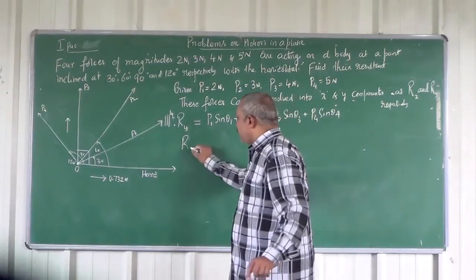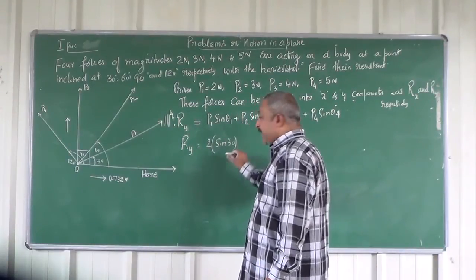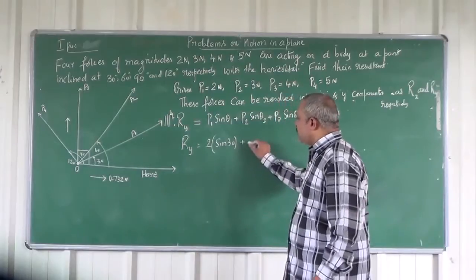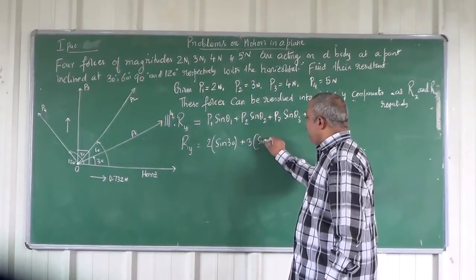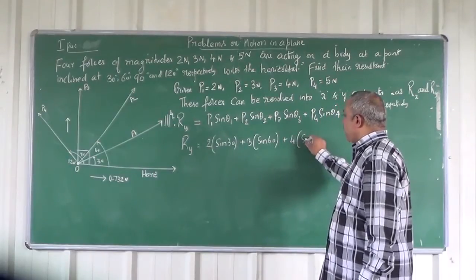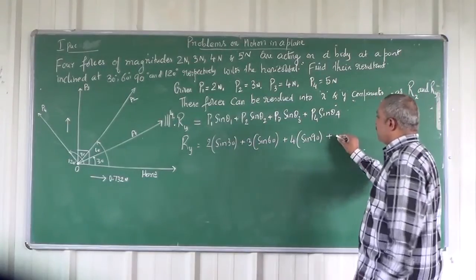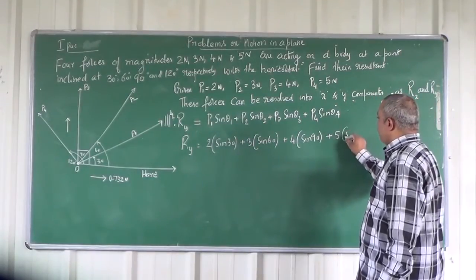Now Ry equals 2 into sin 30, theta 1 is 30 degrees, plus 3 into sin 60, plus 4 into sin 90, plus 5 into sin 120.